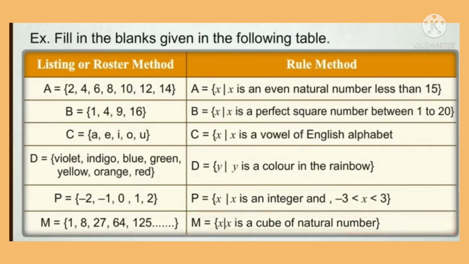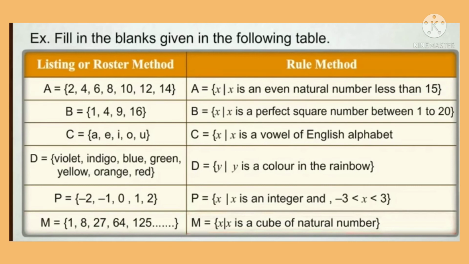Listing or roster method: B = {1, 4, 9, 16}. Rule method: B is a set of x where x is a perfect square number between 1 to 20.